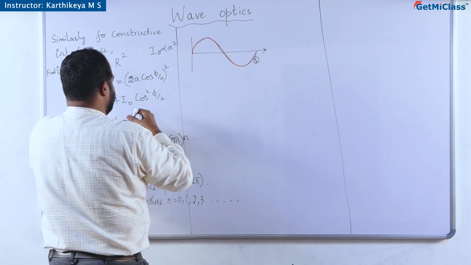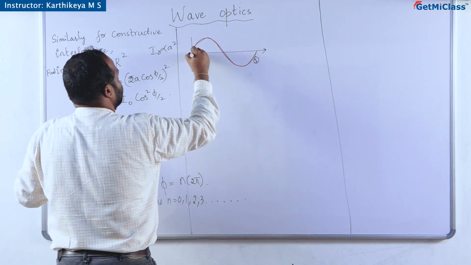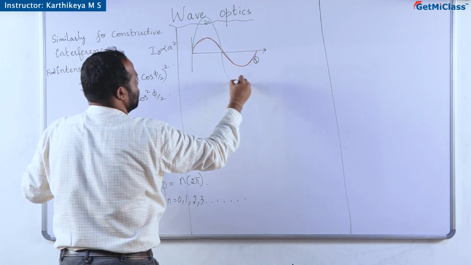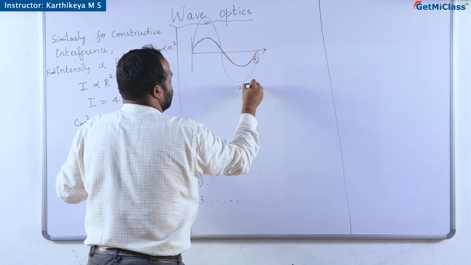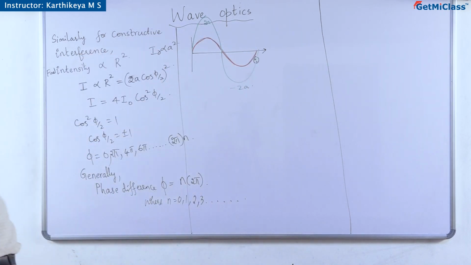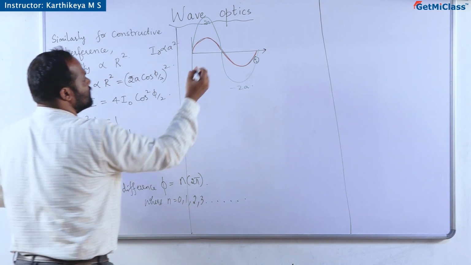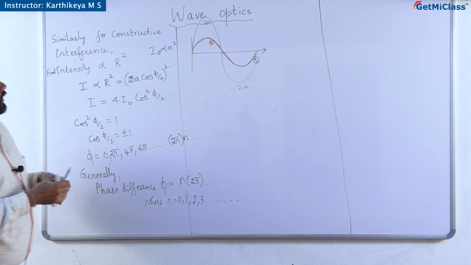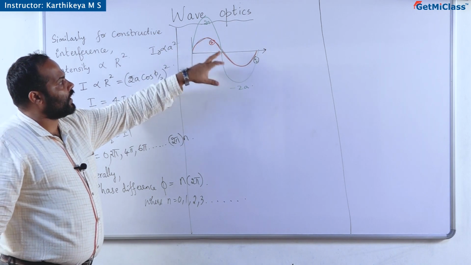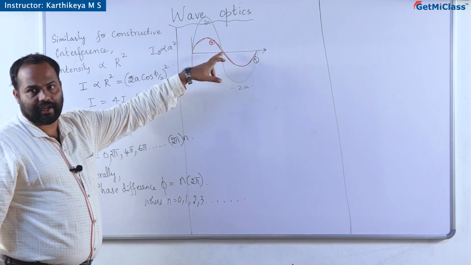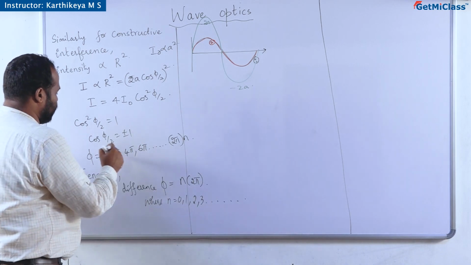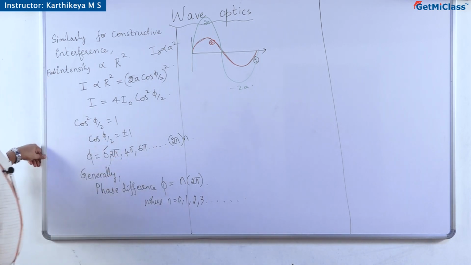Both are A and A. So the resultant amplitude shoots up to 2A, and this also shoots down to minus 2A in this case, where wave 2 is red. Now they both reach their maxima and 0 value at the same time. That is why these waves are in phase. So this is a case of phase difference being 0.